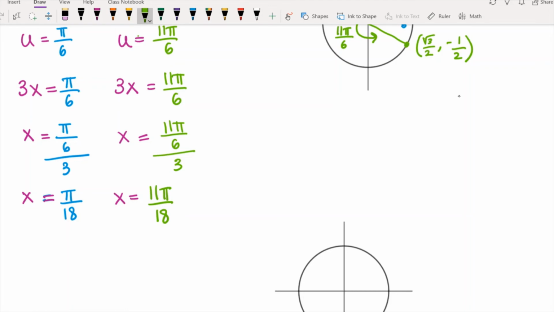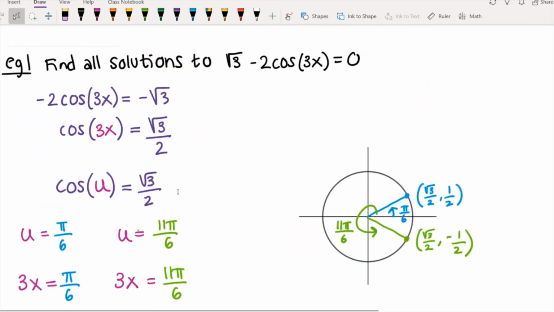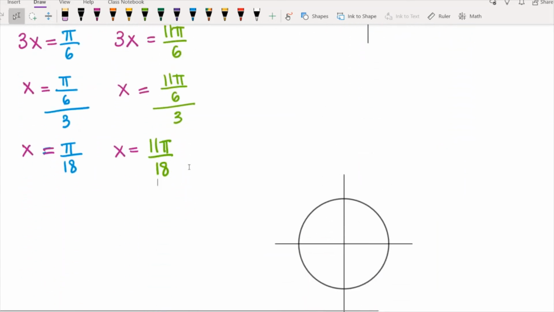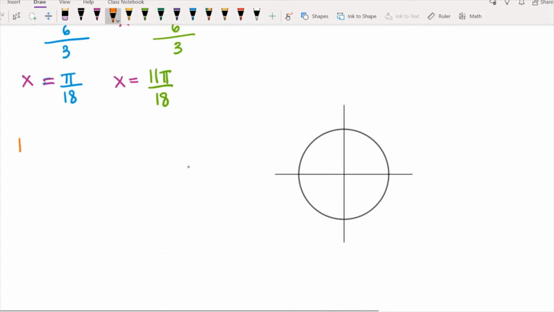And so now we want to be able to describe all solutions. So we need to think about what is the period of the function that we're working with in order to figure out what we need to add. Our original equation was cosine of 3x is equal to square root of 3 over 2, and so that means the period of cosine of 3x is 2 pi over 3.